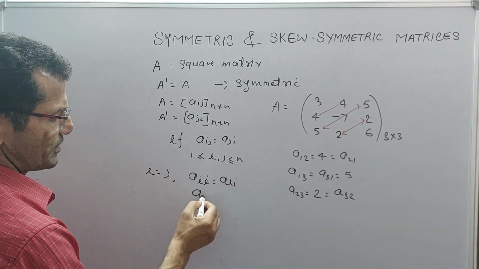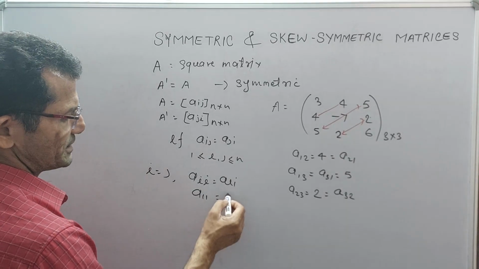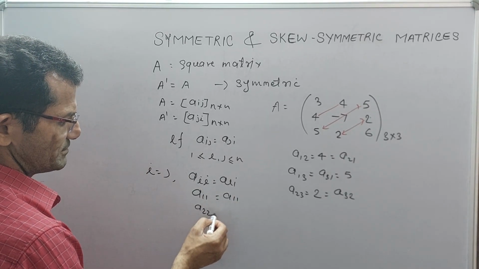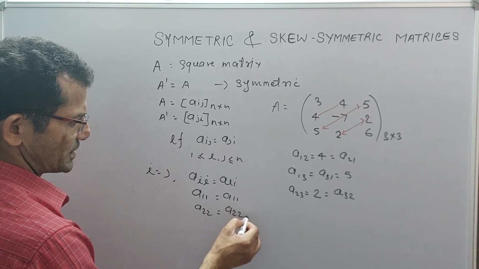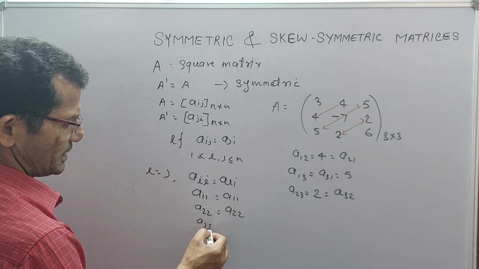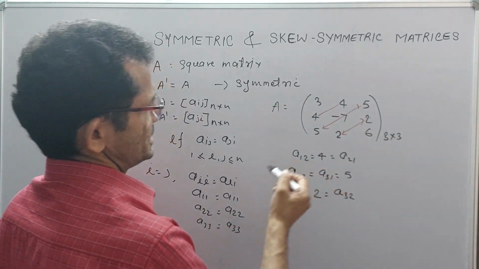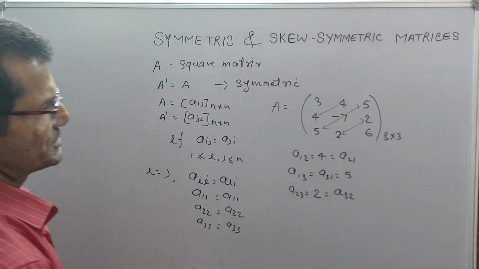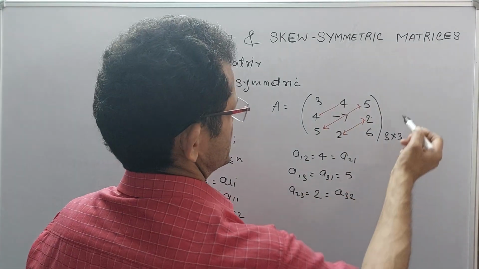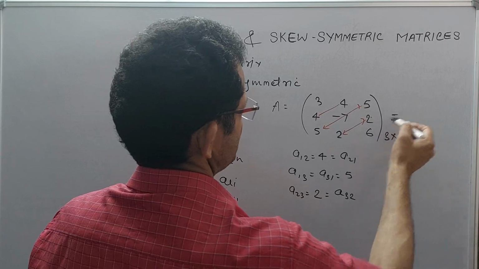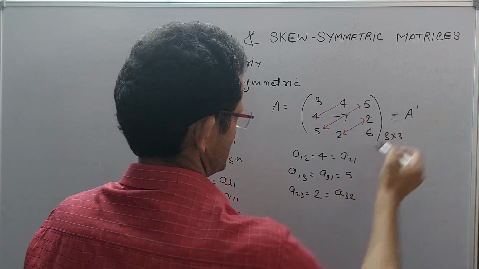It means that for the matrix A, A11 will remain the same, the second row second column element will remain, and the third row third column element will remain. So there is no change if I do the transpose. Therefore the same values would come for the transpose also. So here the transpose A transpose is again this one.